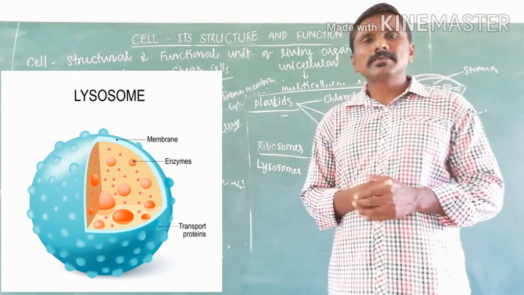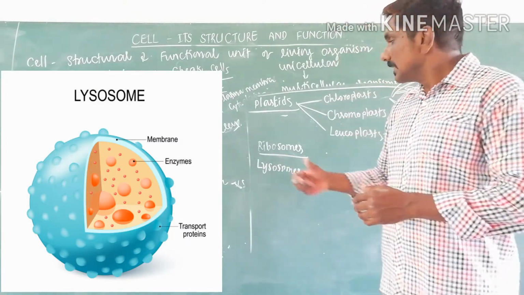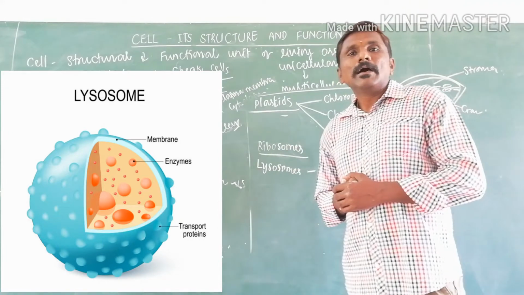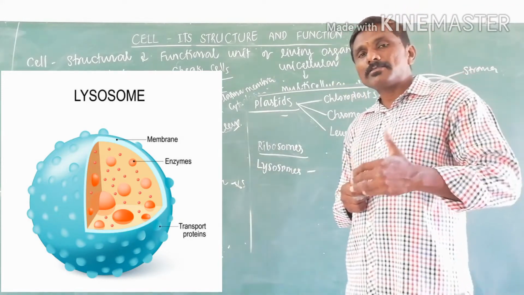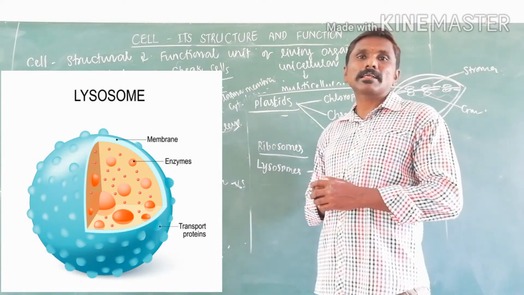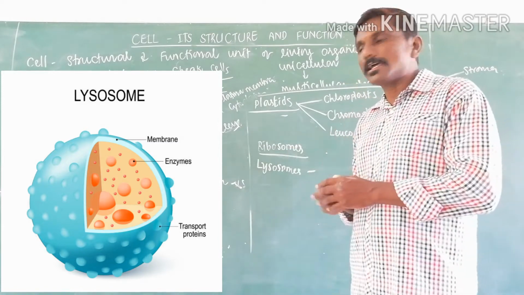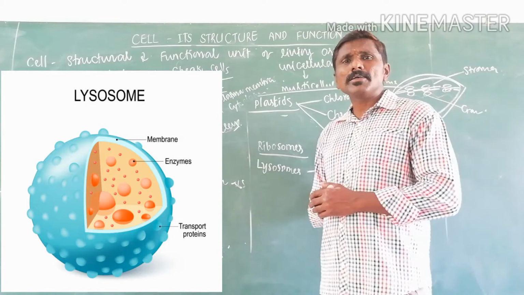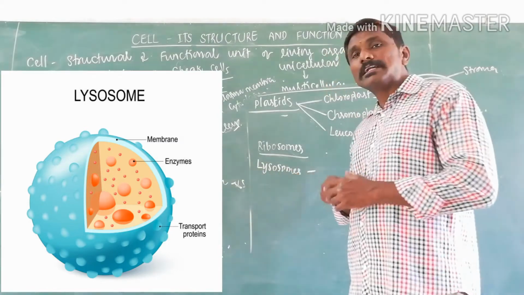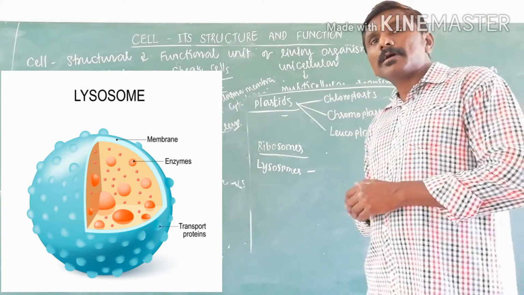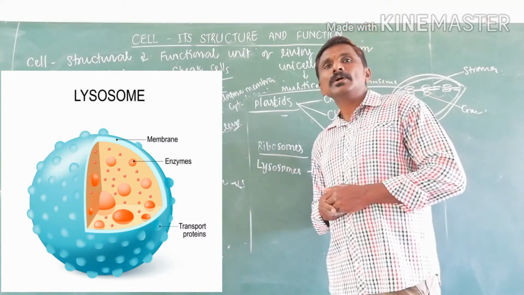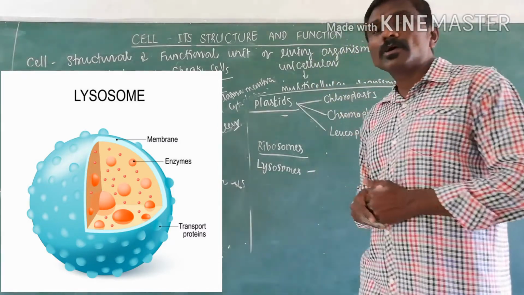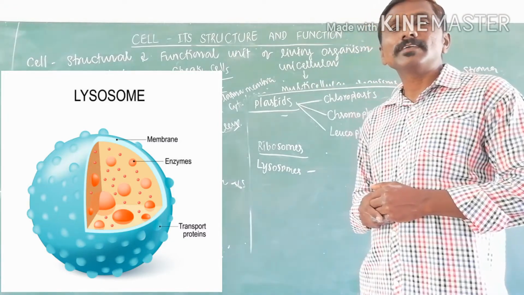Thereby it keeps the cell very clean by destroying the entered pathogens. The pathogens which enter the cell are degraded by the enzymes released by the lysosome. Or if the cell is damaged, the lysosome itself releases the enzymes and destroys the cell. So that's why the lysosomes are called the suicidal bags of the cell.